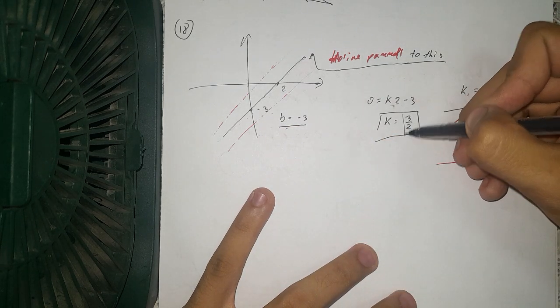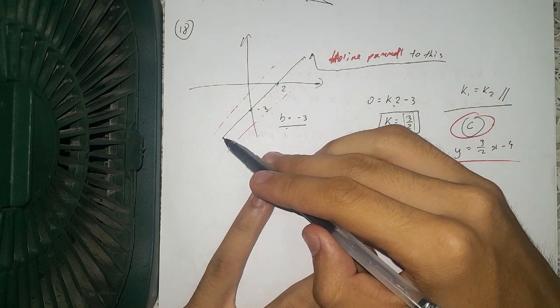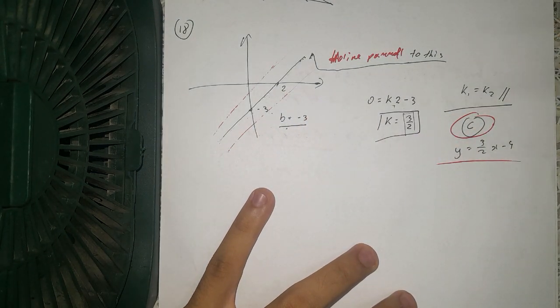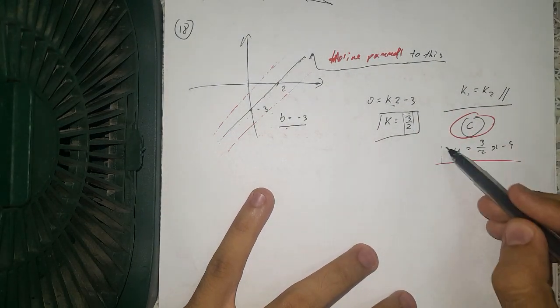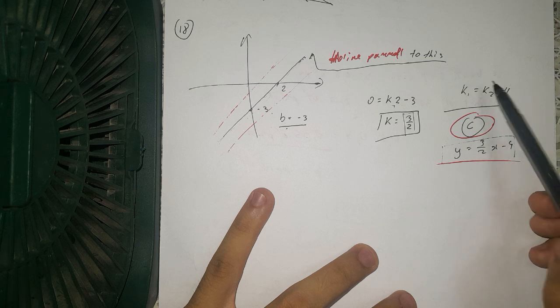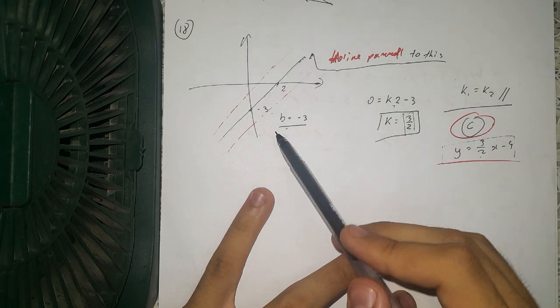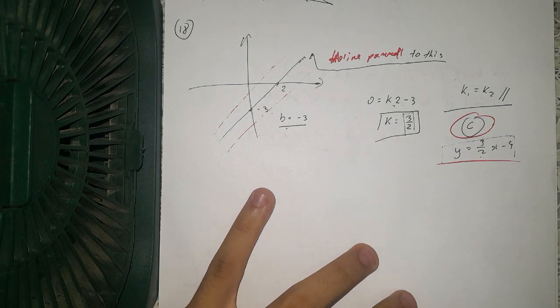K is this, the slope of this line, and the only parallel line to this in the answers was this, because if the slopes are the same, they are parallel, doesn't matter about b. And that's it. Bye.